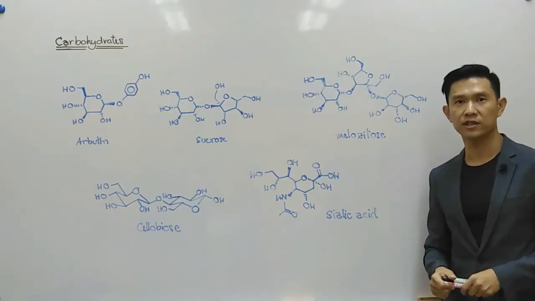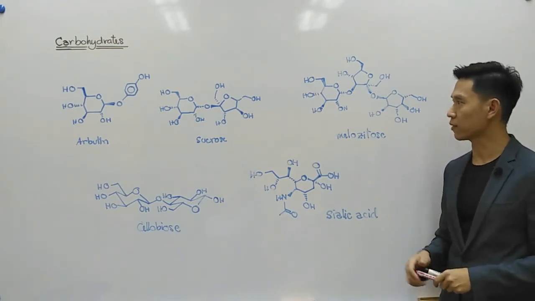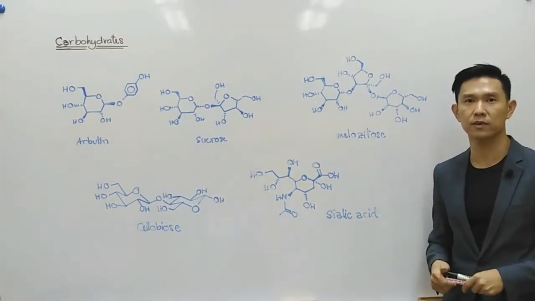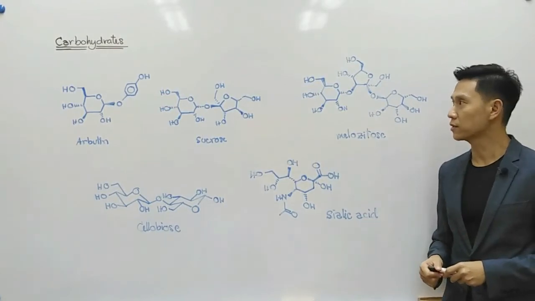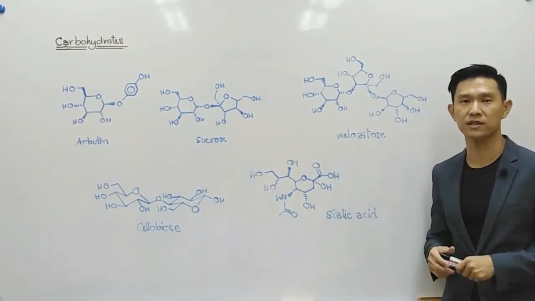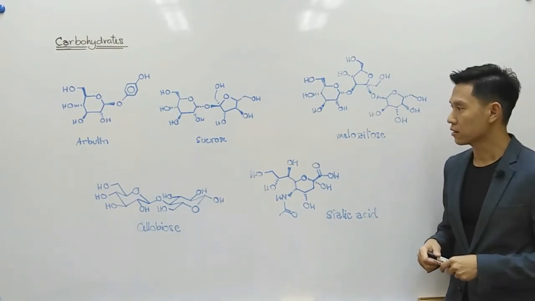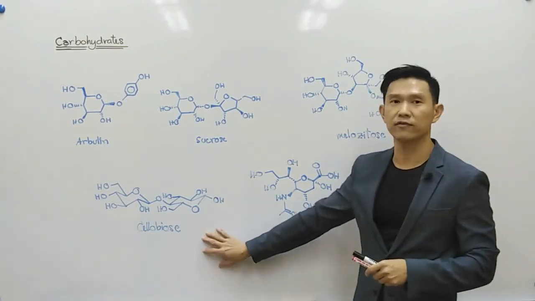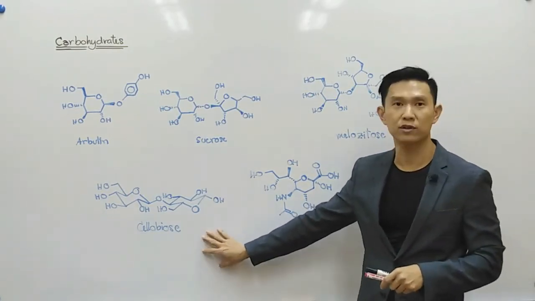Before the end of this chapter, I will have 5 structures of saccharides for you to discuss the properties of the saccharide. I will show you one of the examples, cellobiose over here.